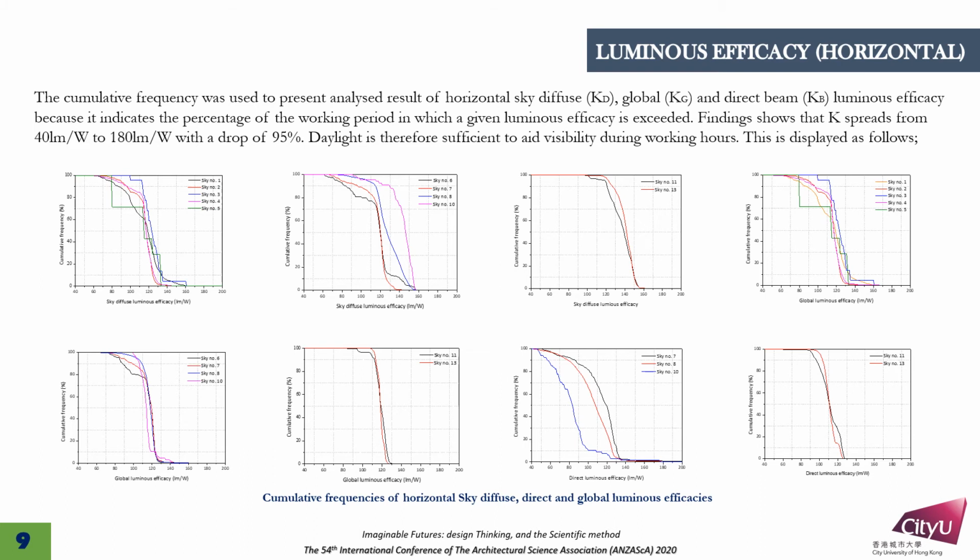The finding shows that luminous efficacy spreads from 40 lumen per watt to 180 lumen per watt with a drop of 95%. This shows that daylight is sufficient to aid visibility during working hours. This actually makes sense because measurements were taken from sunrise to sunset.